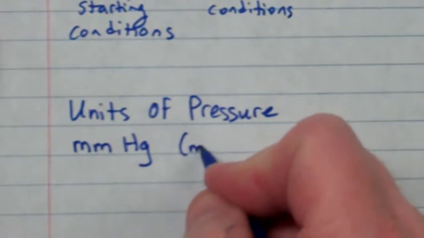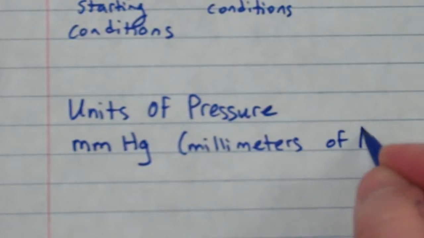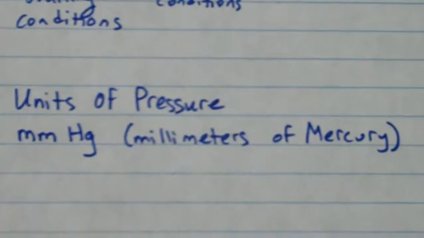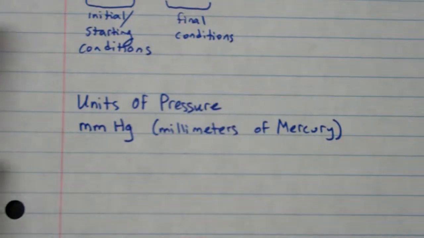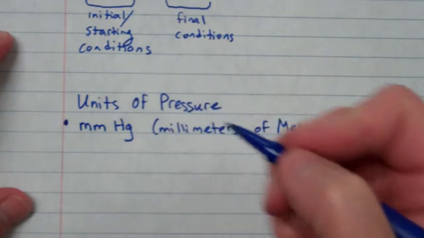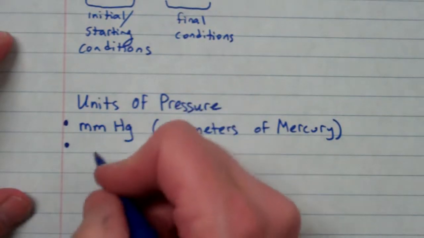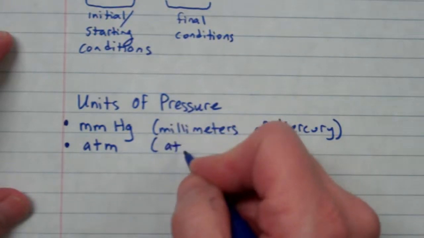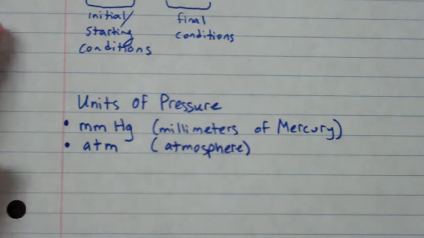All right, so that's millimeters of mercury. And that's a unit, just like for temperature, how we have Celsius is a unit. So this is a unit of pressure. Another type of unit of pressure that we often see is just called an atmosphere. Okay, and that's called 1 atmosphere. All right, so those are units of pressure.